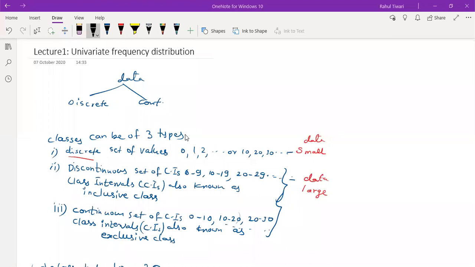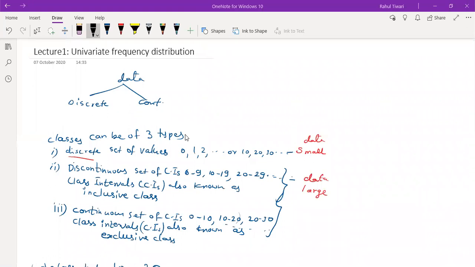And third is the continuous data, where the upper value will be included in the next interval. That's why it is called an exclusive class. Suppose the upper value is 10, then 10 will be included in the second interval instead of the first one. So these three things we have done.